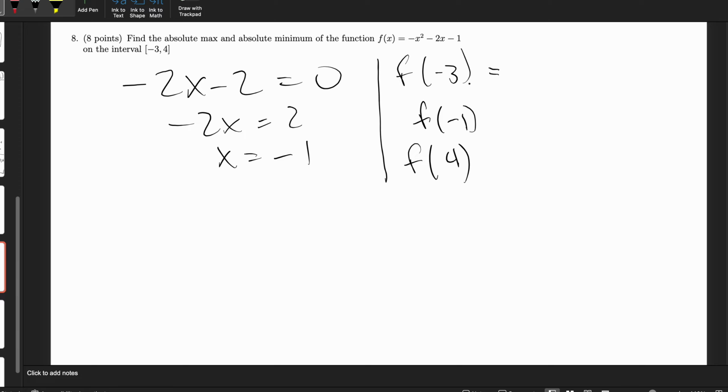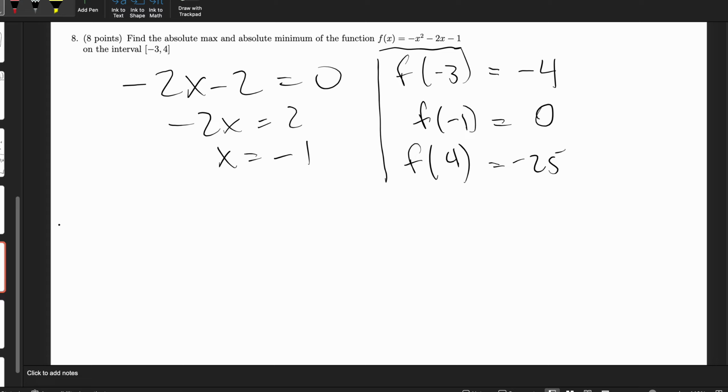And that's going to be, f of minus 3 is minus 4. If you plug it into the original function, you get minus 4. If you plug in f of 4, you get minus 25, and f of minus 1 is actually equal to 0. Okay, good.